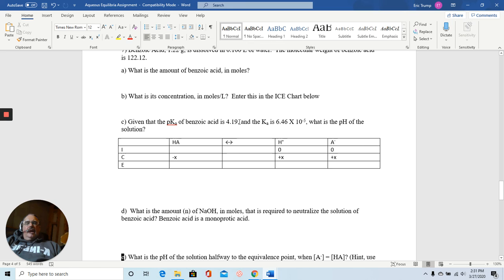This is the pKa and the Ka. So you'll calculate X, and X will be the hydronium or hydrogen ion concentration. And you'll take minus the log of that to find the pH.